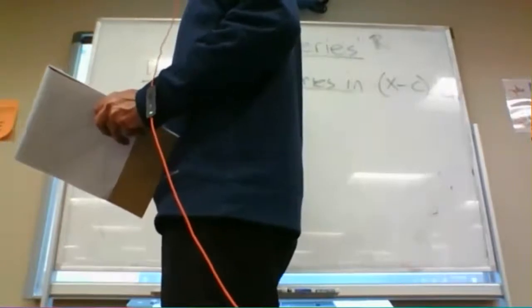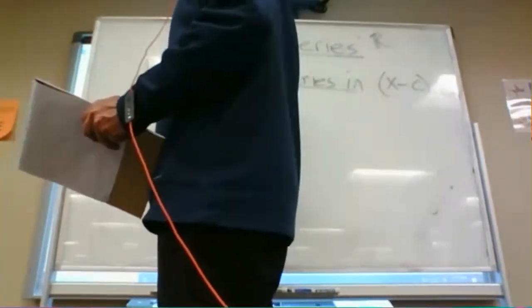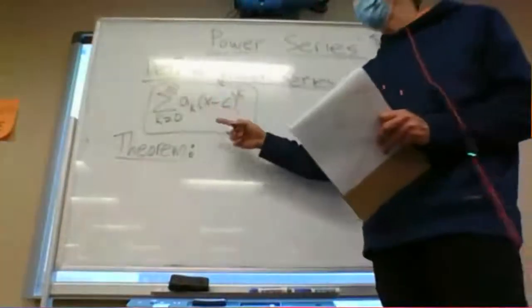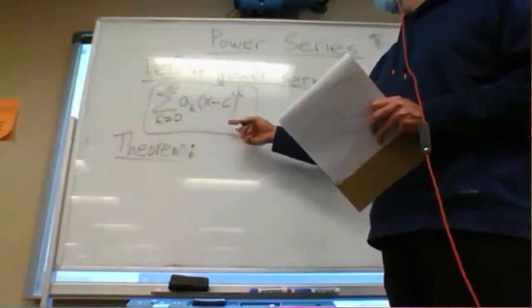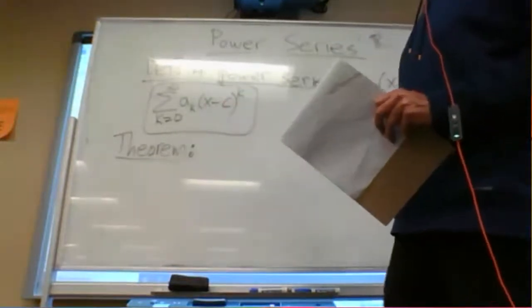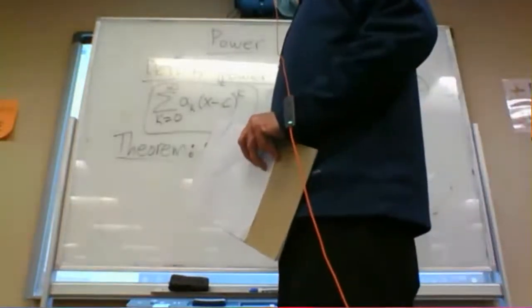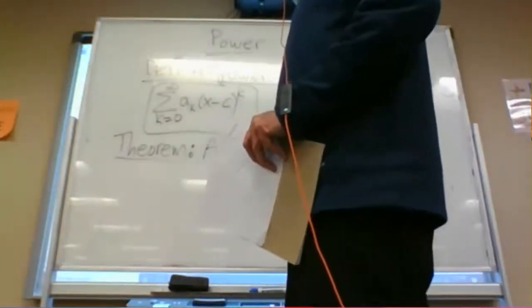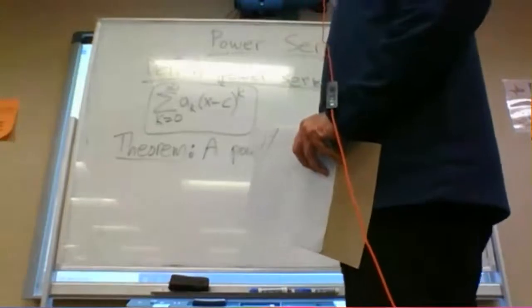And then there's this wonderful theorem that comes up, and it can be proved with a ratio test for the convergence of power series. It doesn't matter which x value, it doesn't matter which c constant you pick, it has the same theorem.